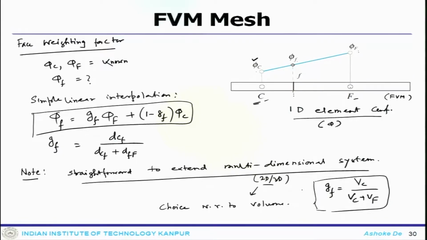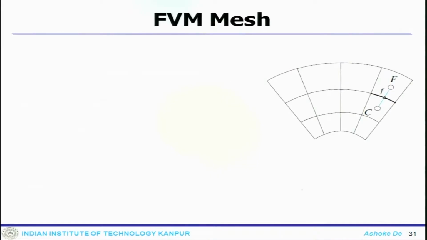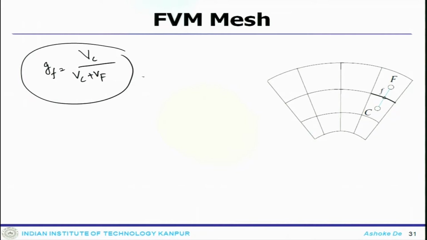For example, the definition of GF, which is Vc divided by Vc plus Vf, does not work for this kind of case.